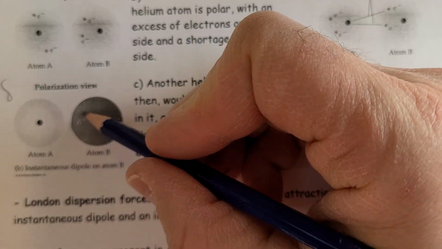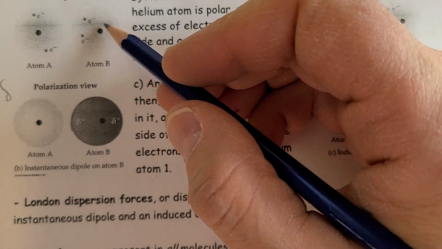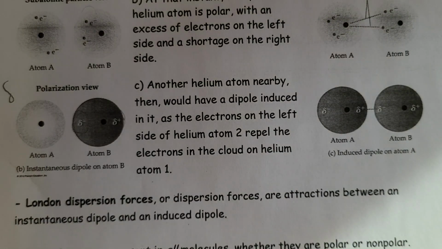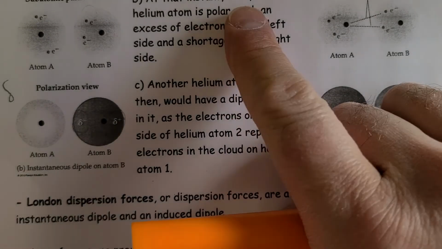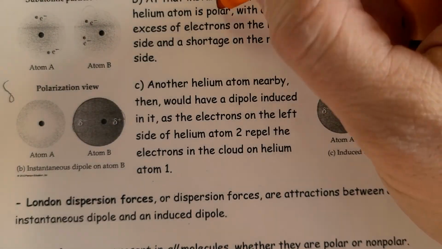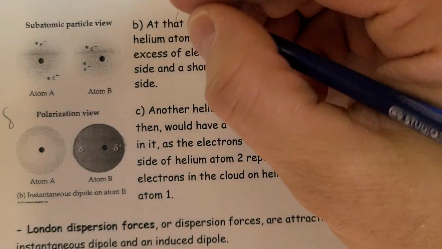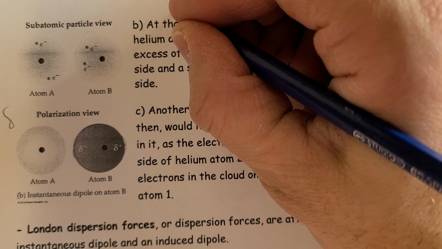So this side could be partially negative, and of course the opposite side would automatically be partially positive. So if one side's negative, the other side's positive. So at that instant, the helium atom would be polar. So it has charges on different sides of the atom.